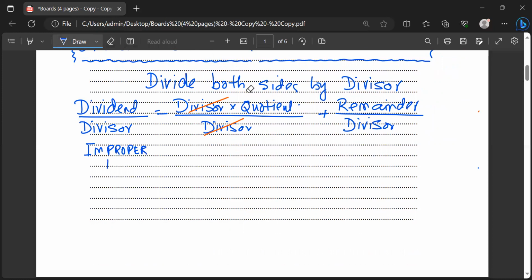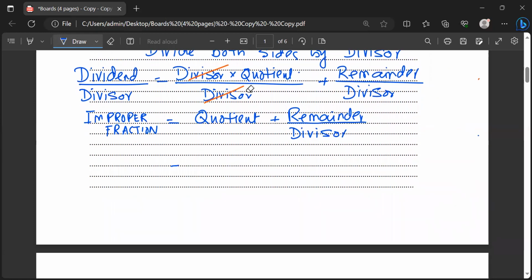is, we have quotient, we have remainder over divisor.